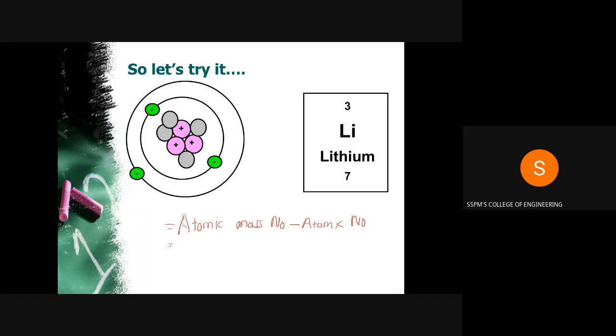Number of neutrons, n, is 7 minus 3, which is equal to 4. So 4 is the number of neutrons.